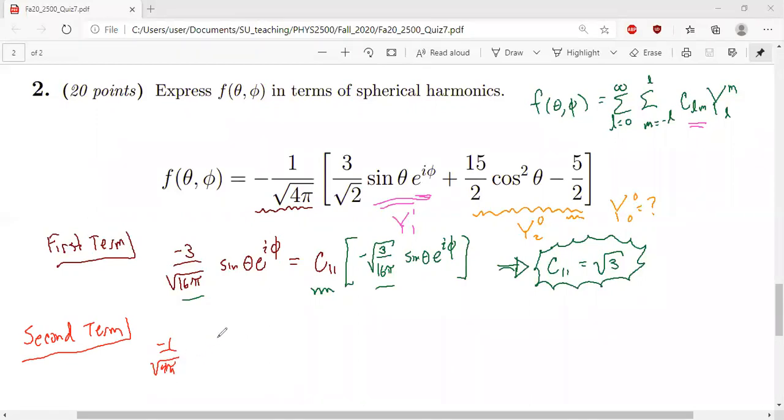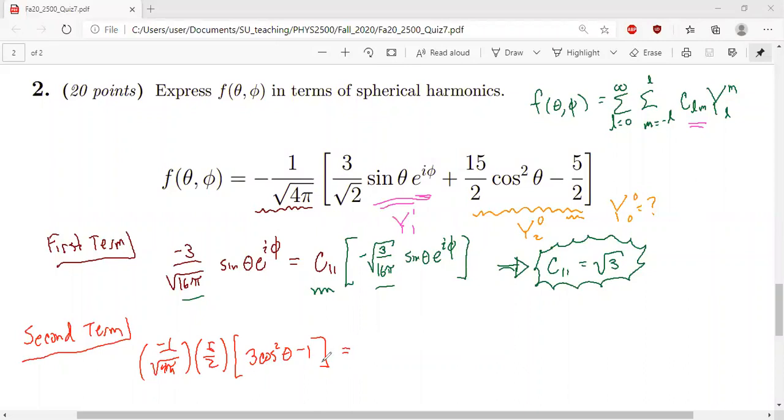And then I can factor out from both of the terms in the sum 5/2. And what I'm left with is 3 cosine squared theta minus 1. And I know that that's the Y02 term, because at this point I recognize the 3 cosine squared theta minus 1.